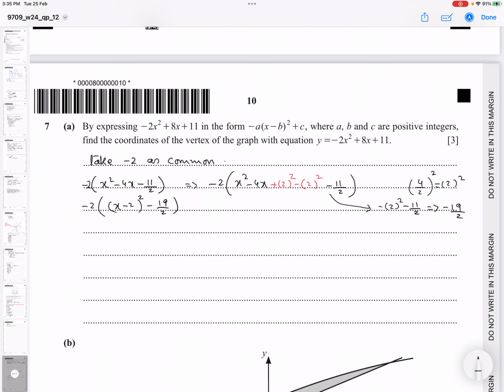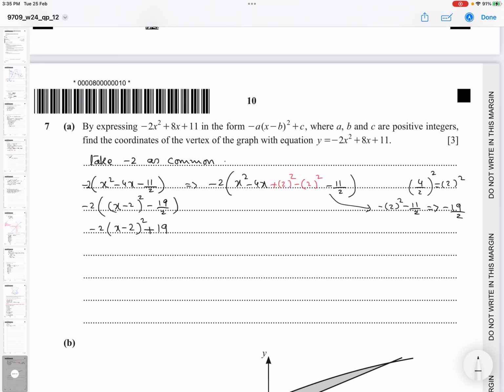Now you multiply negative 2 with the bracket and also with minus 19 over 2. So you write in this way. Minus into minus plus, negative 2 into 19 over 2 gives you 19.